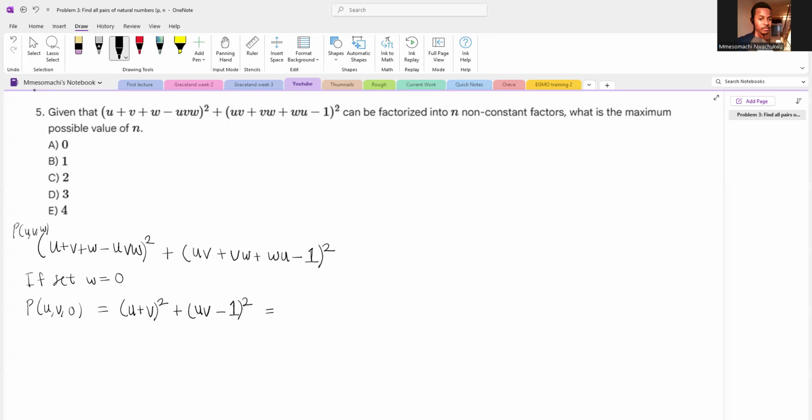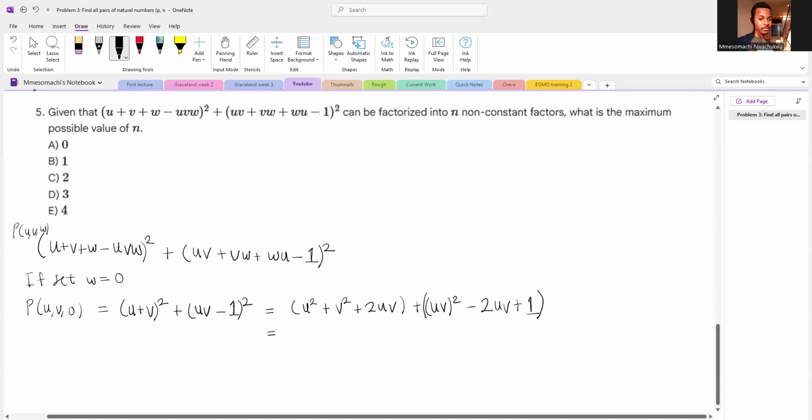So if we do this, we get u² + v² + 2uv, plus (uv)² − 2uv + 1 for the second expression.